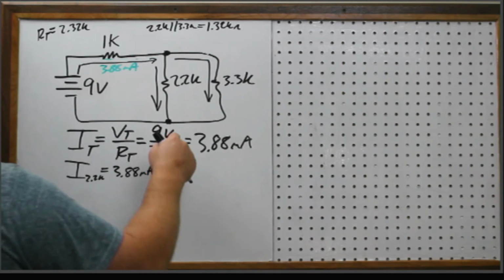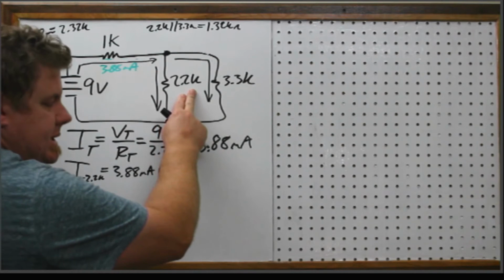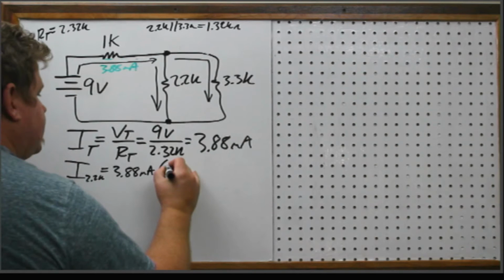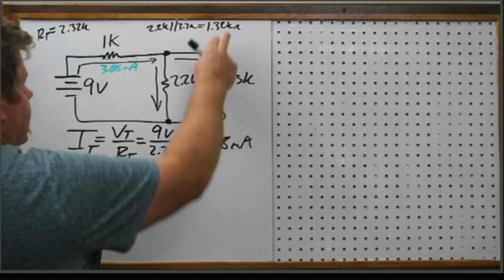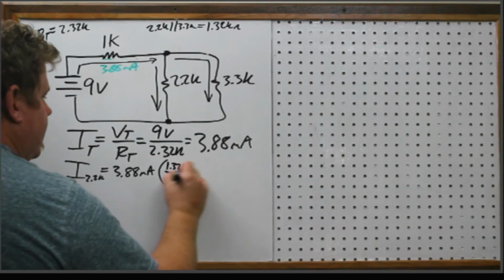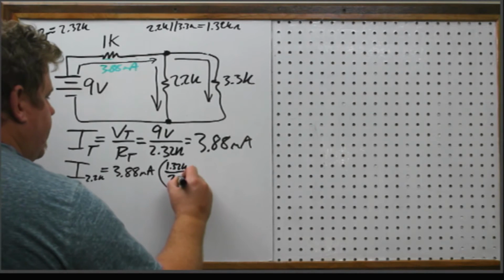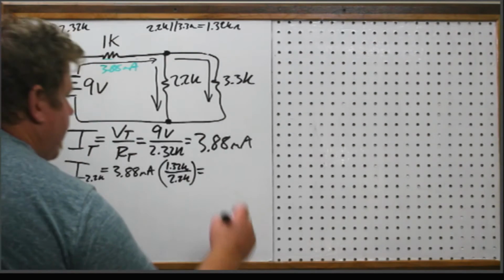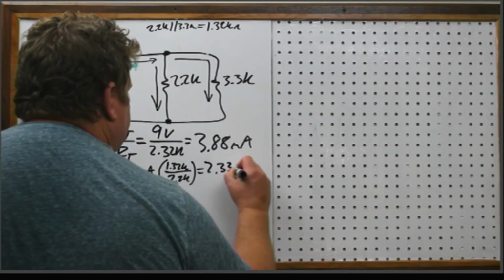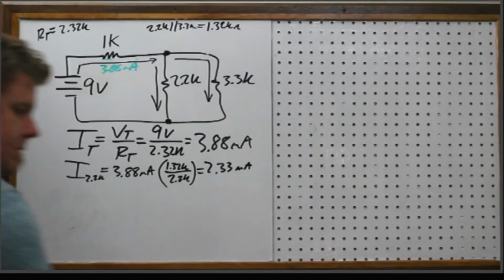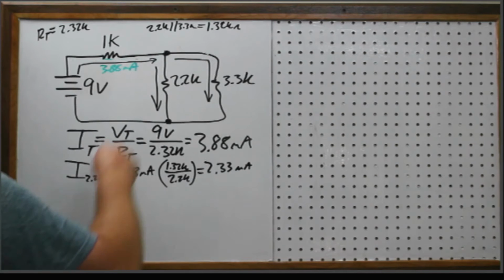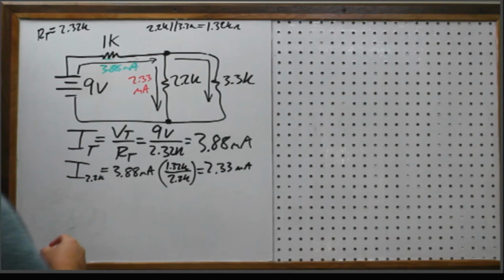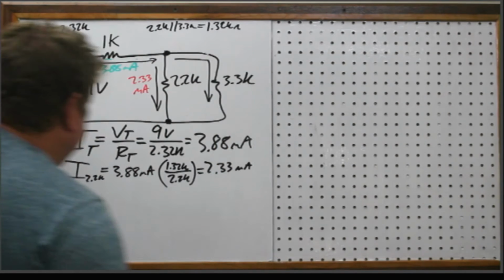And remember, for current division, you have to use the total on top divided by the individual. So for this one, it's 1.32K. And again, that's why we kept this number up here over 2.2K. And the calculation I found was 2.33 milliamps. Okay, so that's what we found here. So 2.33 milliamps comes this way, assuming we did the math right.